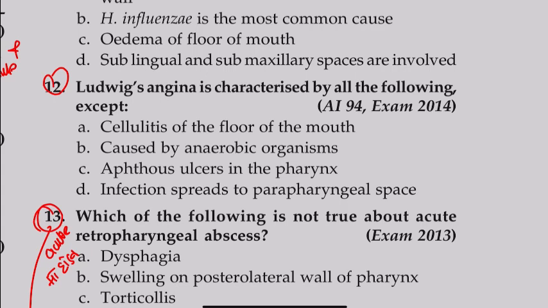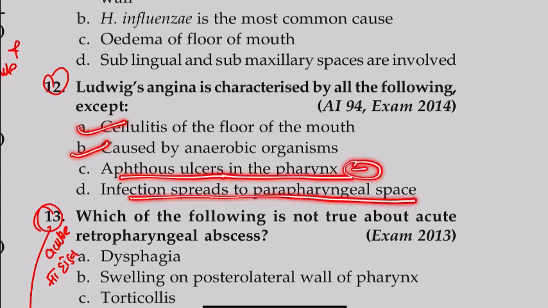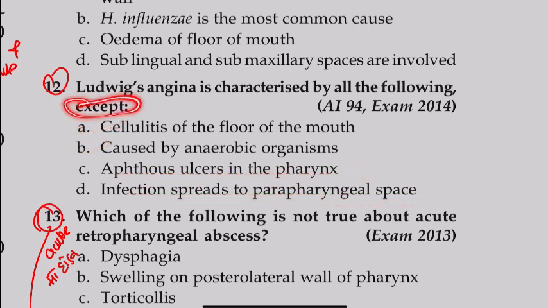Alpha hemolytic streptococcus and staphylococcus are the main organisms. Caused by anaerobic, that's right. Cellulitis of floor of mouth, that's right. Aphthous ulcer in the pharynx is not the right statement. And infection spreads to parapharyngeal spaces, that's right. So here all are true except aphthous ulcer in pharynx, which is not a true statement.